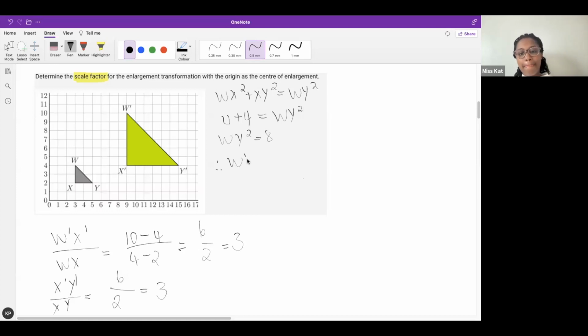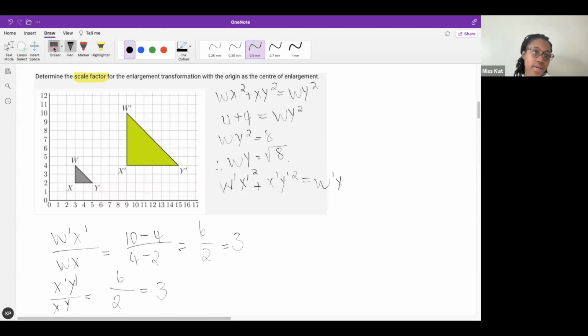Therefore, square root of 8. Wonderful. And now, you guys are scared of missing accurate plus x prime y prime squared. Why did I say you have to use Pythagoras, guys?